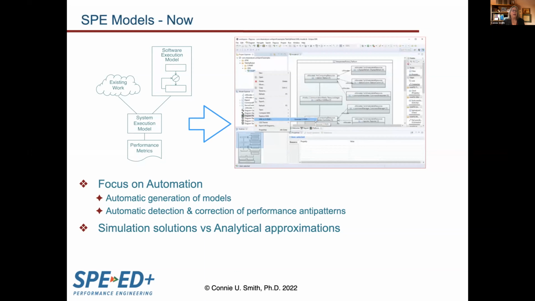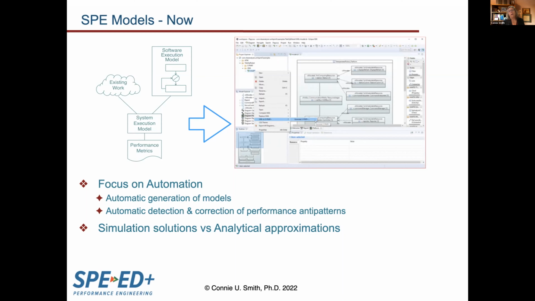So we've done things like automatically generating models from, in this case, on the right, UML diagrams. And some of our people, Vittorio and other collaborators, have worked on automatically detecting and correcting performance anti-patterns so that you could specify a design in one of these model-driven engineering languages and automatically optimize that design before you deployed it.